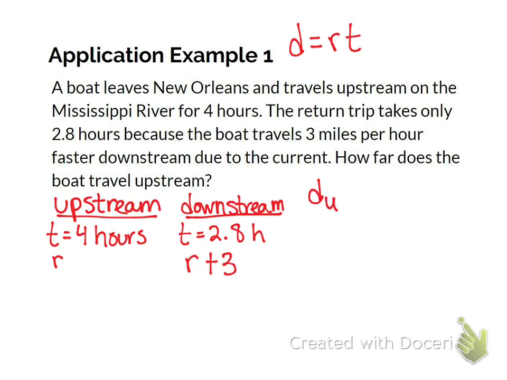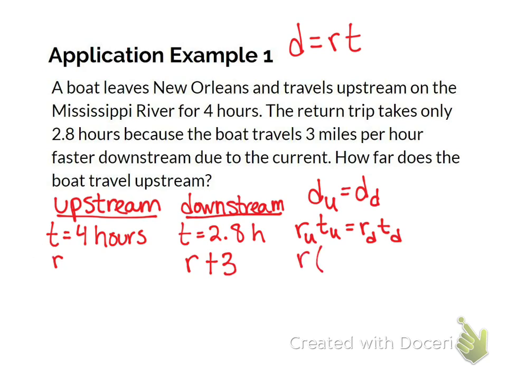The distance up is equal to the distance down. So rate up times time up is equal to rate down times time down. If the distances are the same, the R times T's should be the same. I know that's a little weird to get used to. We're just using a plain old R for this one.